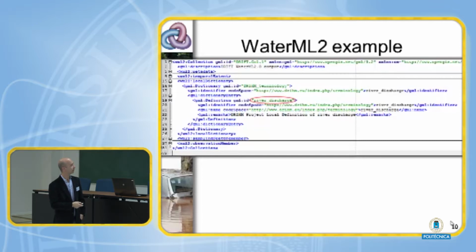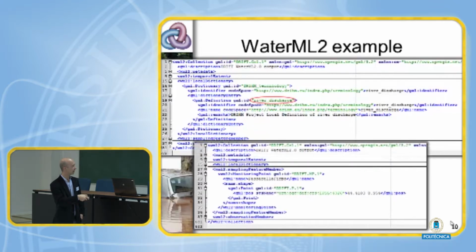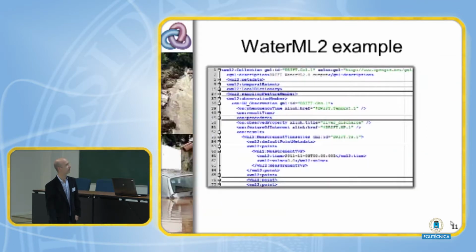So we define river discharge, and then we have a location definition, as Ilya already mentioned, using GML encoding, and that identifies a monitoring point. So when we then come to the data, we refer back to the data, saying, okay, this data is for this time period.